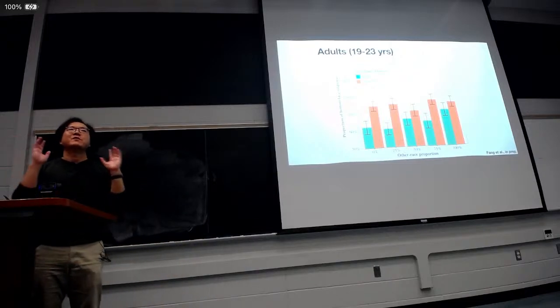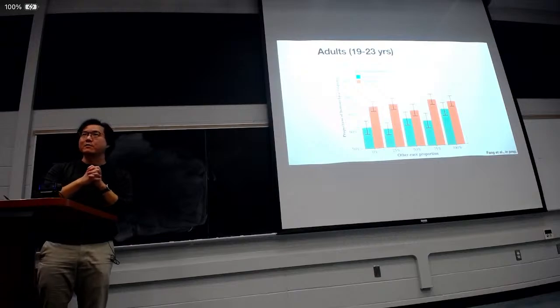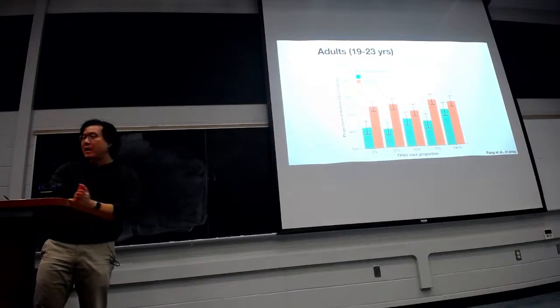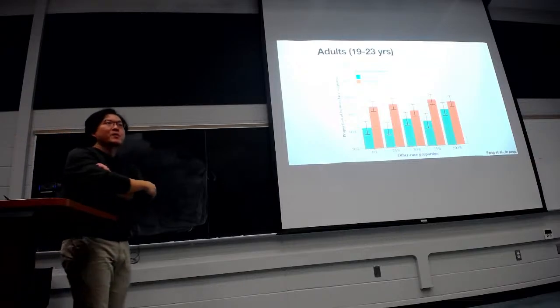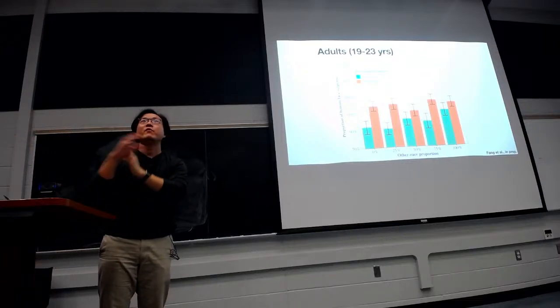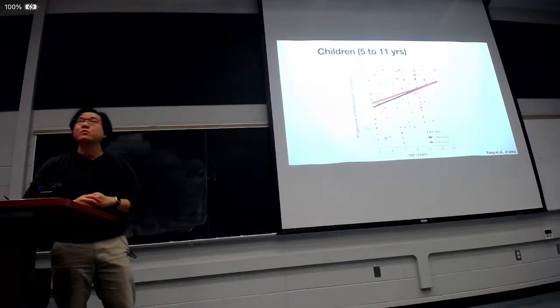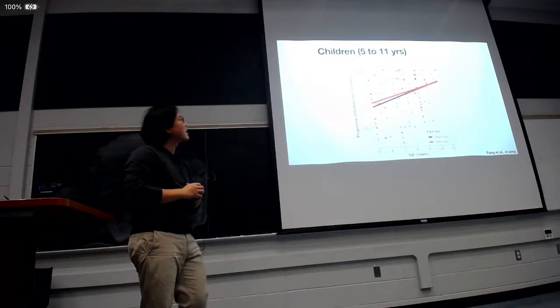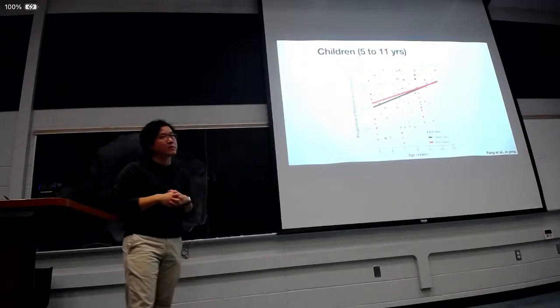Great. I was extremely happy about this result because it replicated what we found about the race data that I just showed you. And then I was like, okay, that means this paradigm works very well. And so we moved on to our kids. We actually did three child studies, quite a wide age range from 5 to 11 years old.